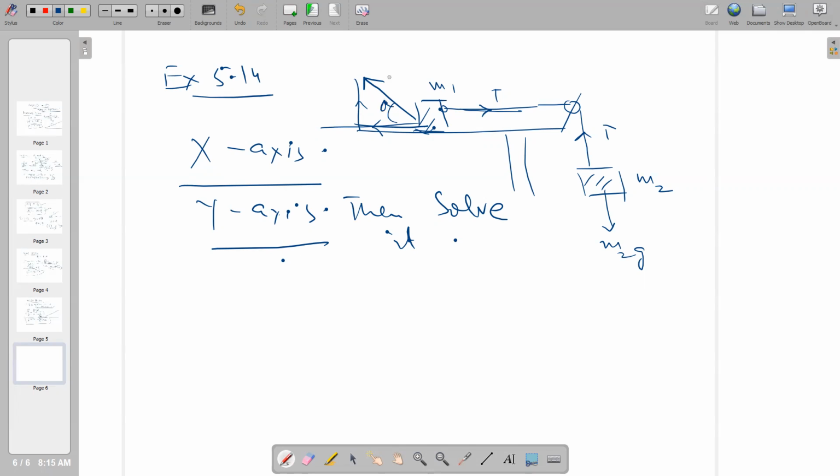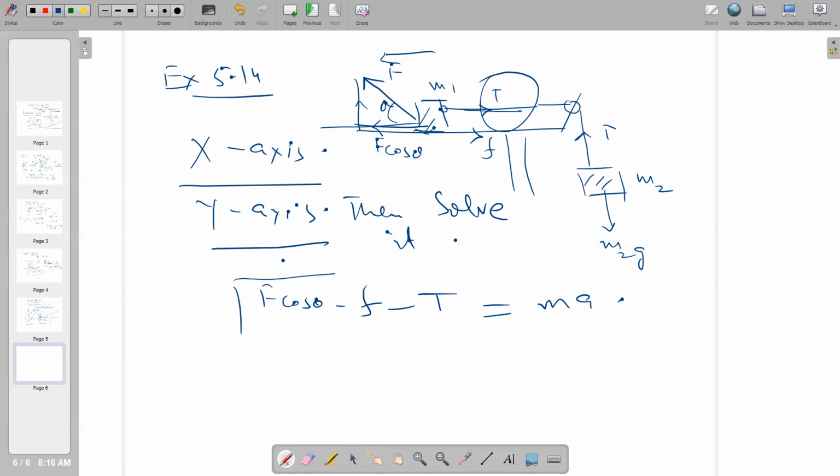Suppose this is angle theta and this is F, so this will be F cos theta. And the frictional force, if the body is moving in this way, will be opposite to the motion of the body. So F cos theta minus f, and minus this T, if there is a value, then you can write the net force.